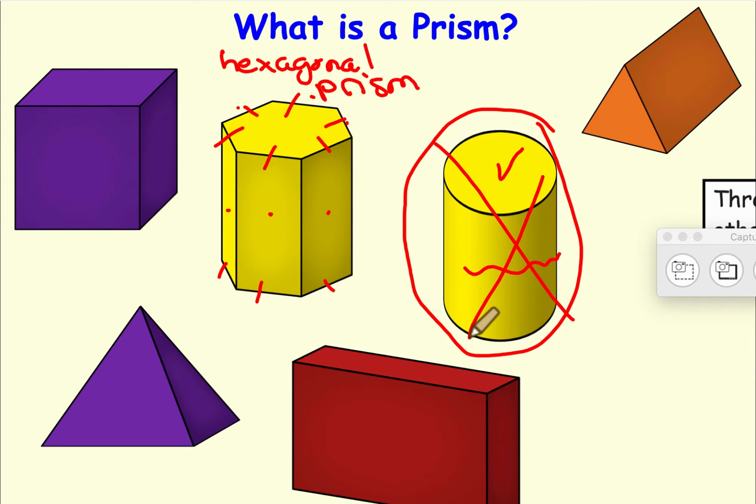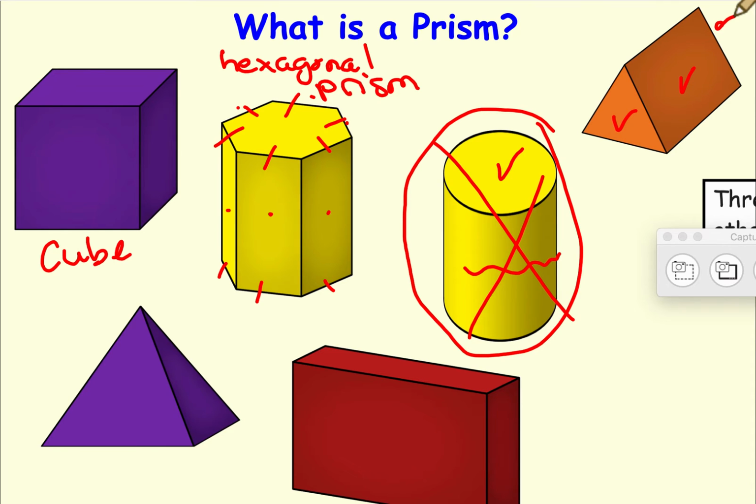So we have a cube, which is a specific type of prism. We have a hexagonal prism. And let's see if this is a prism. I see a triangle. I see a rectangle. Even though I can't see the side, it kind of looks like a tent. I've seen tents like these, and I know on the other side is another triangle, and that triangle is going to be parallel to the other triangle.